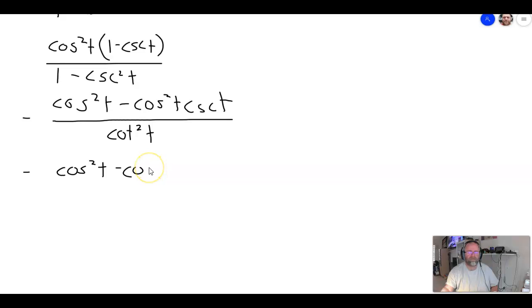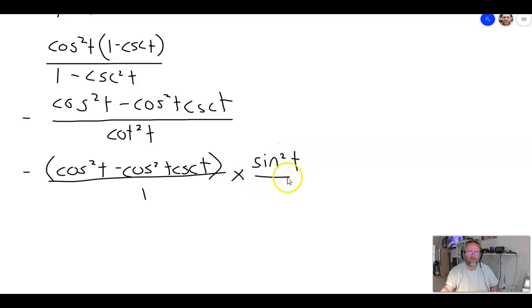Remember, keep, flip, switch, something, I can't remember what that thing is, but it's for dividing fractions by fractions. We put this over 1 and multiply by the reciprocal, which is the tangent squared of t, and I'm going to write that as sine squared of t over cosine squared of t.